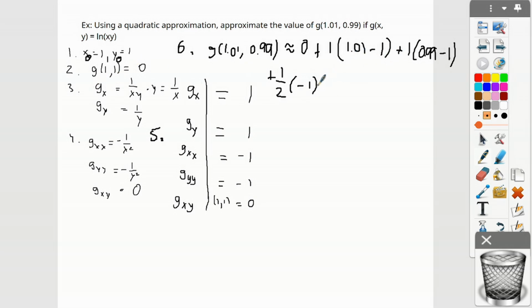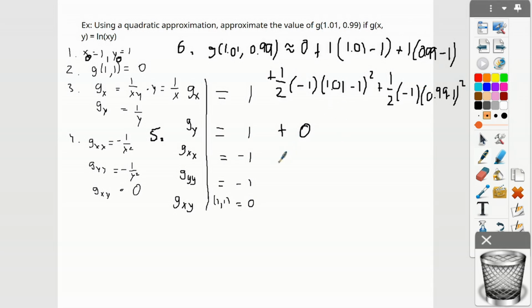It's 1.01 minus 1, all squared, plus 1/2 times negative 1 again, times 0.99 minus 1 all squared. This is g sub yy multiplied by 1/2 multiplied by this. And then plus 0, because 0 times anything is 0, so I'm not going to try to do the differences.